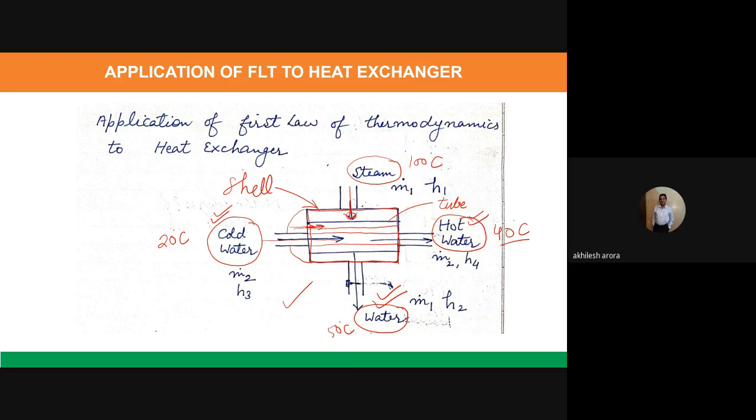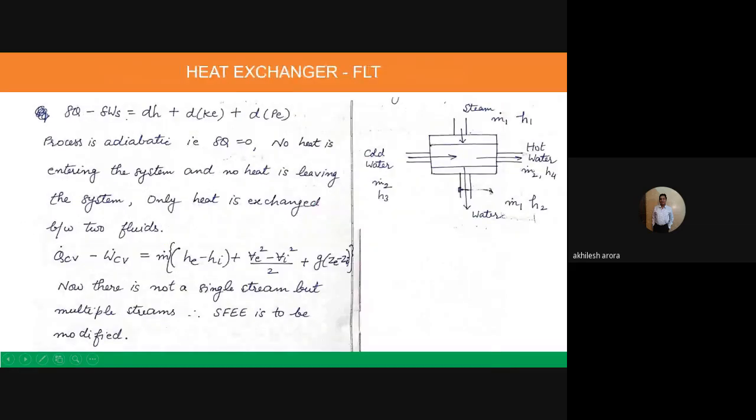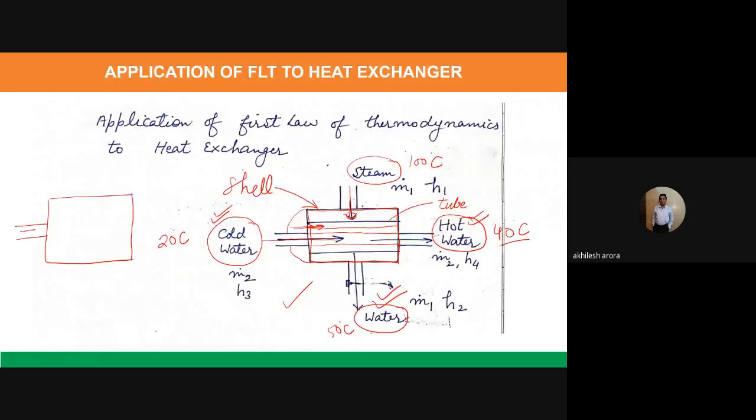There could also be a possibility, in a similar type of heat exchanger, where if this is the shell, cold water is entering from one side and the steam is entering here. This is steam and this is cold water, and both are mixing with each other, and from below we have hot water coming out.